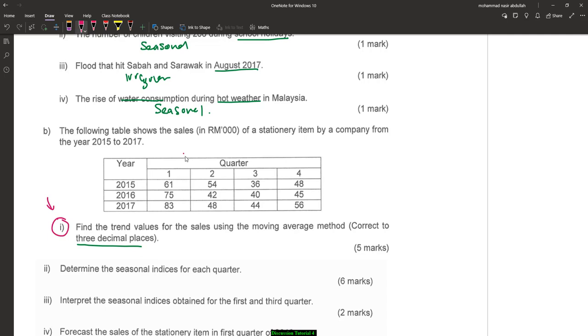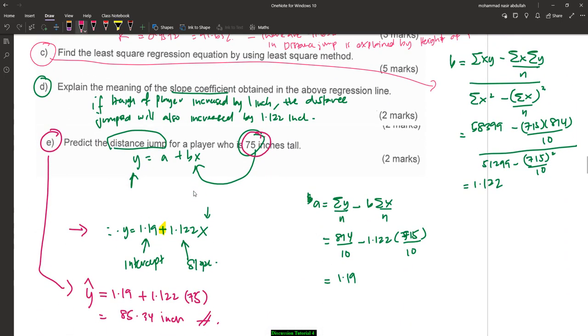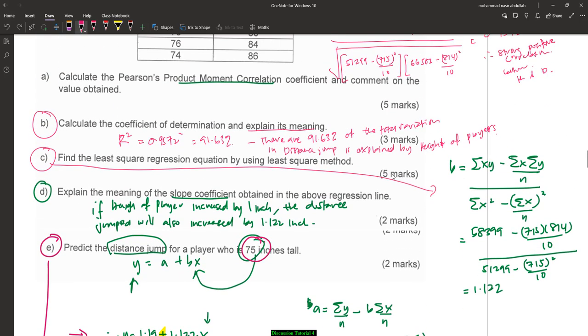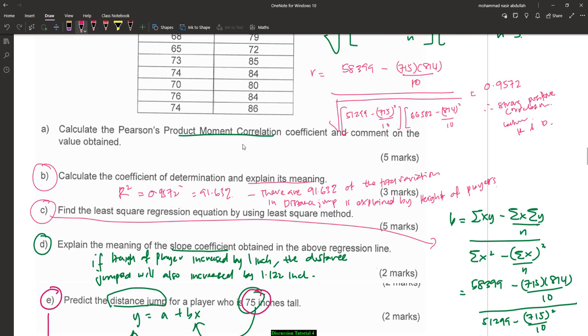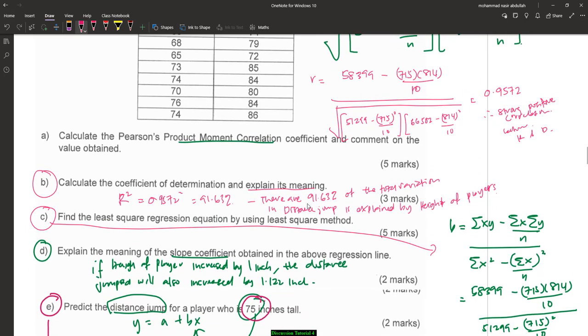Sir, I have a question. Question 4 tadi yang untuk E tu, instead of 1.22, I buat 1.2 je. 1.12. Ya, boleh. So this one kita kena standardize lah. Nampak I tak standardize kat sini. So kalau kita guna 2 decimal point, I told you before kan, kita guna 2 decimal point.